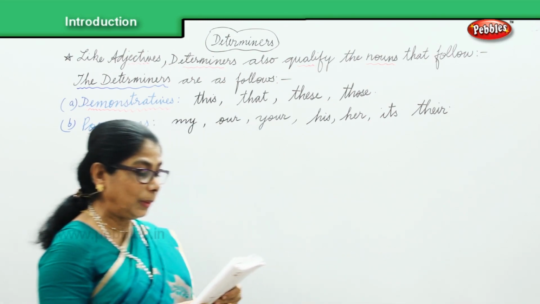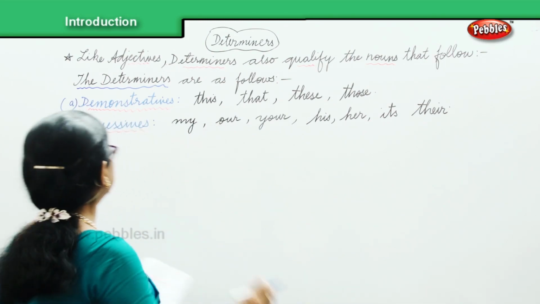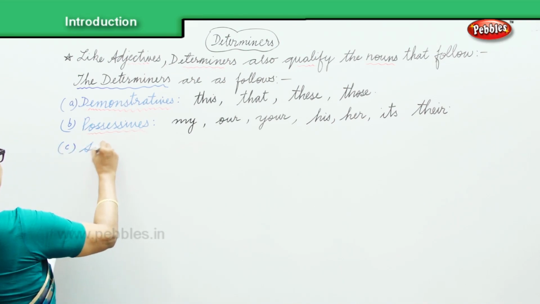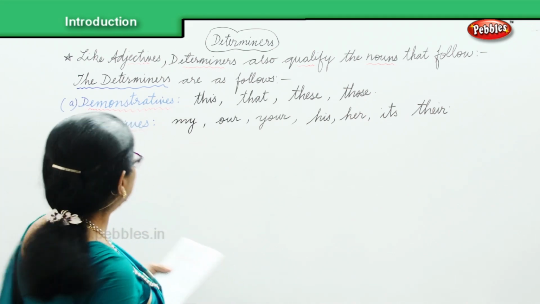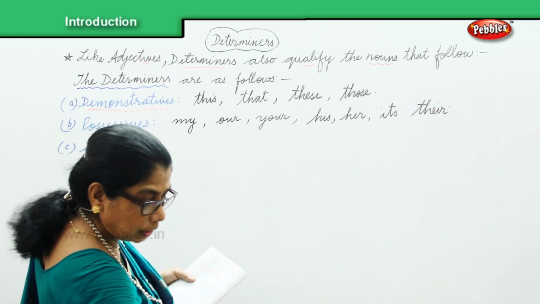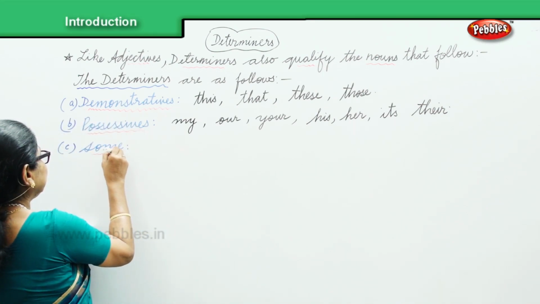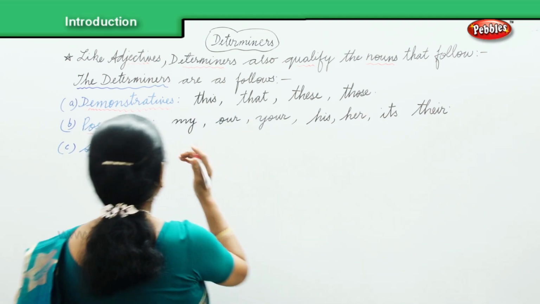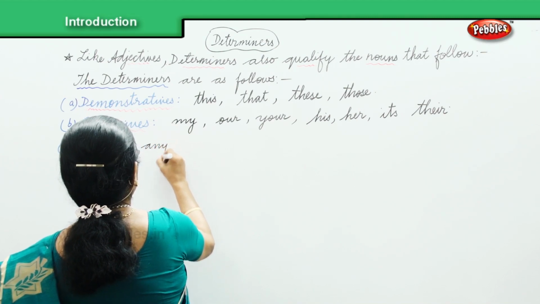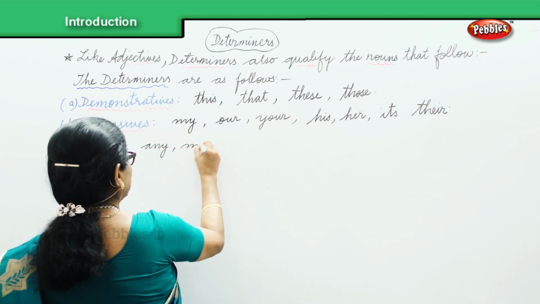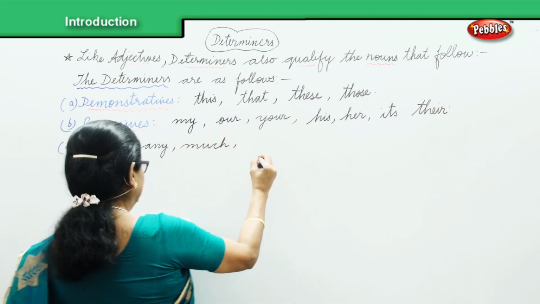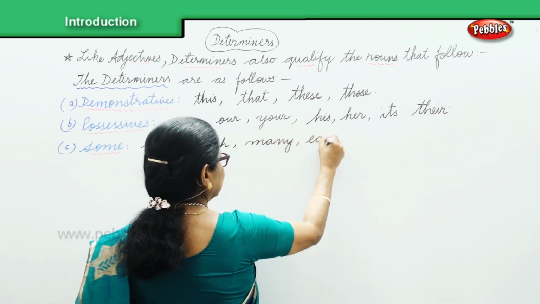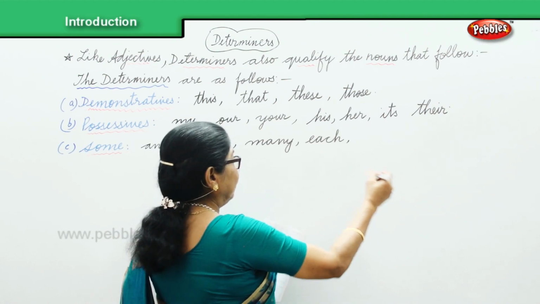Okay. Next we have, in the third category, some. Under this, let's see what determiners we have. Under some we have any, much, many, each, every.